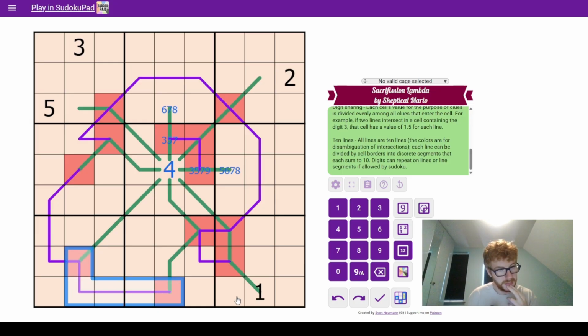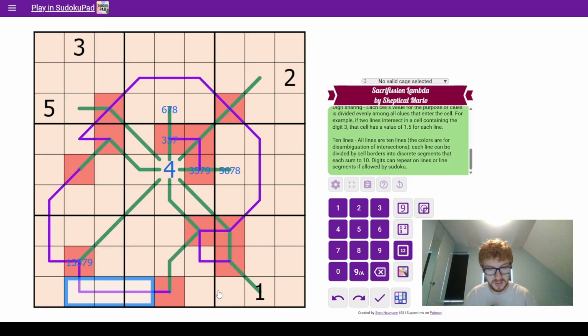Is that possible? Wait, maybe that's more significant. This has to be odd. Because we need to make this 10 line a whole number, and this provides a half, so we need to provide another half. So this is an odd digit. I'm just going to label that for my own keeping track. Can that odd digit connect to that odd digit?